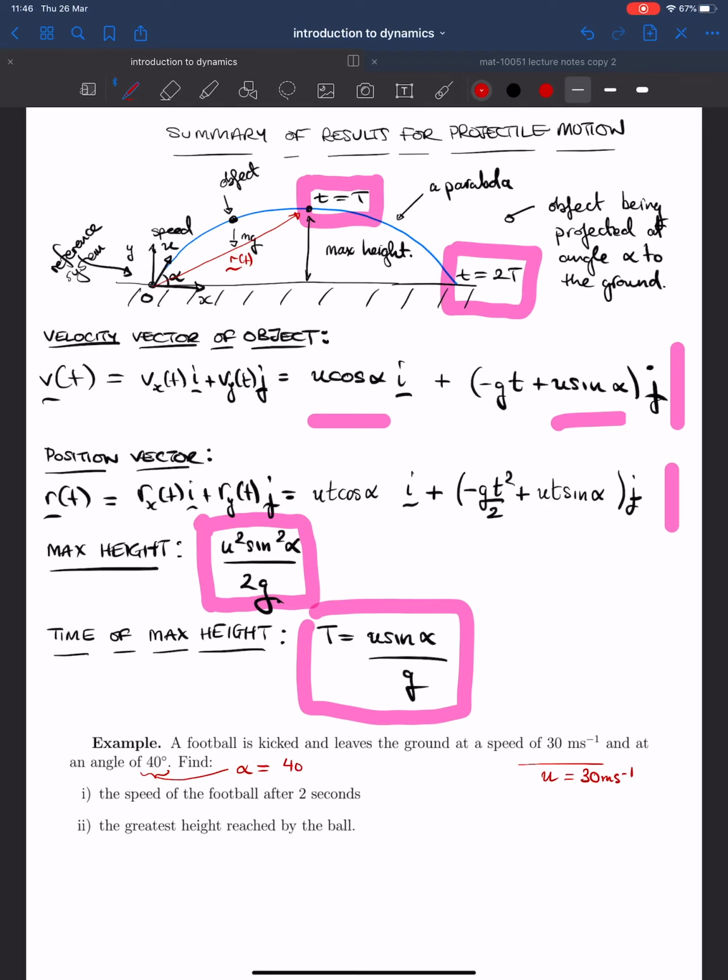and this is 40 degrees, but please keep in mind that calculus is built on the radian. So you do need to convert this into radians. And to do this, you just multiply 40 by 2 pi and divide by 360. And this will give you 2 pi over 9.